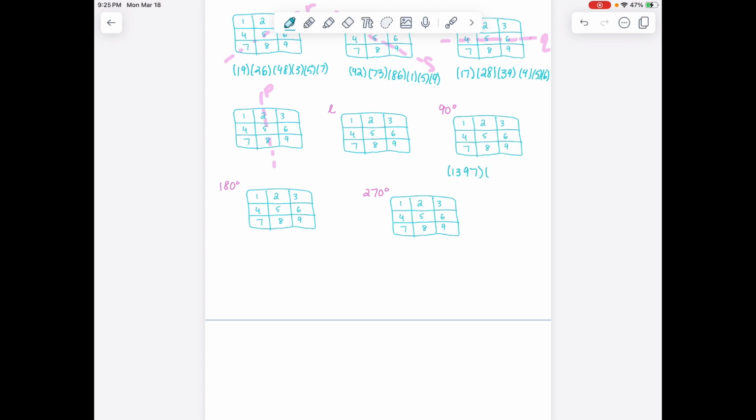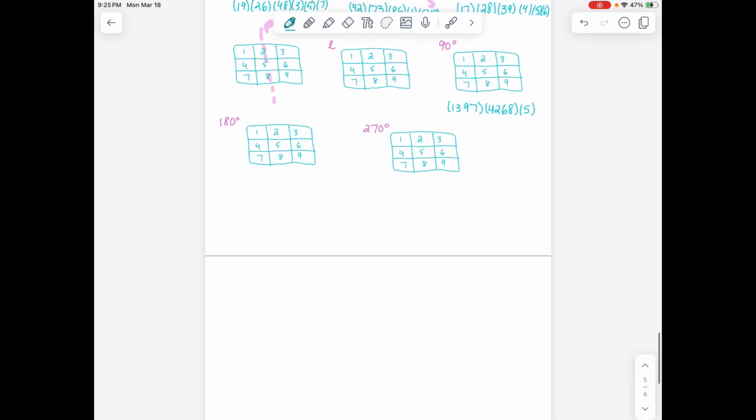Then we have, this is a clockwise rotation, by the way, 4 goes to 2, 2 goes to 6, 6 goes to 8, 8 goes to 4, and then 5 stays by itself. This is going to be the same structure for the cycle monomial for 270 degrees: 2 cycles of length 4 and 1 cycle of length 1, because 270 is just 90 in the opposite direction.